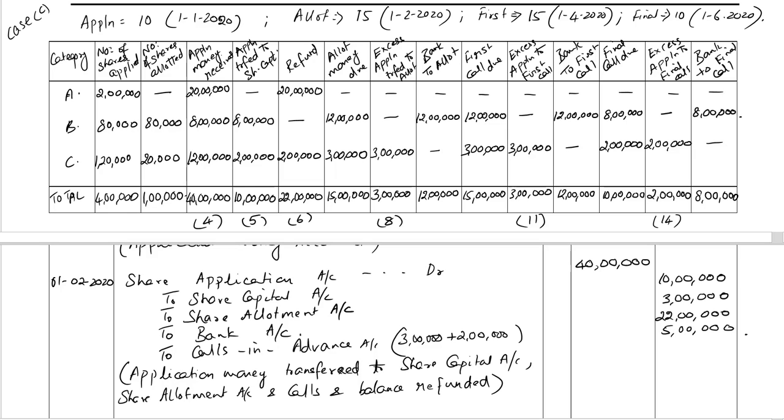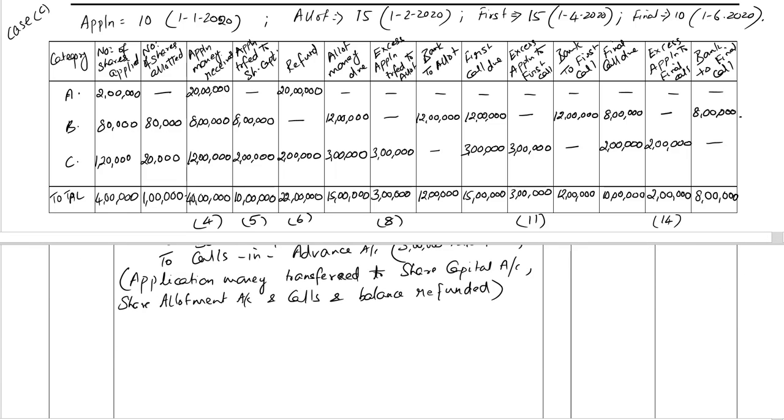We need to check the total of the debit column is equal to the total of the credit column. Credit column totals to 10 plus 3 plus 22 plus 5 lakh comes up to 40 lakh rupees, which is the total of the debit column.